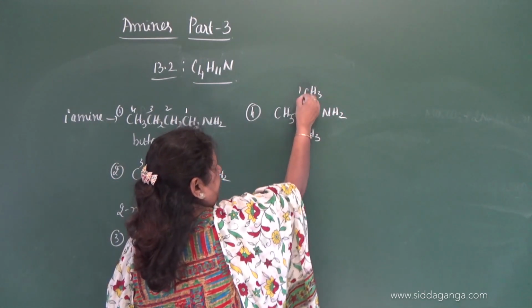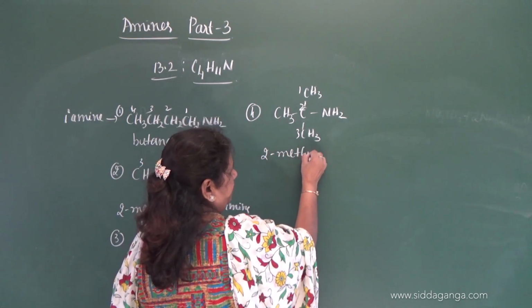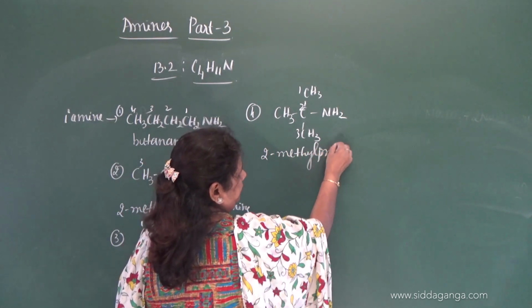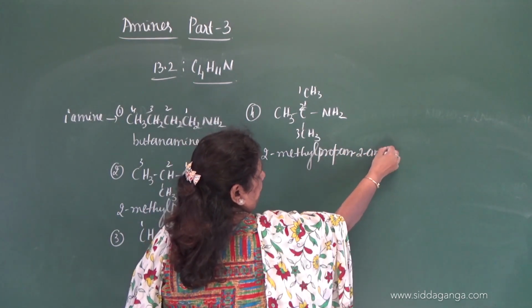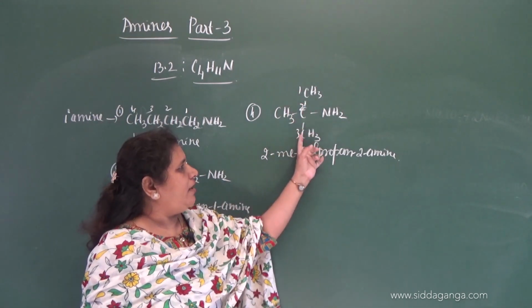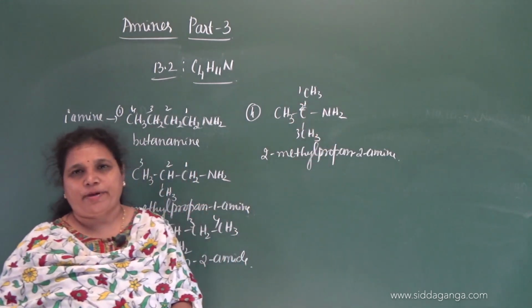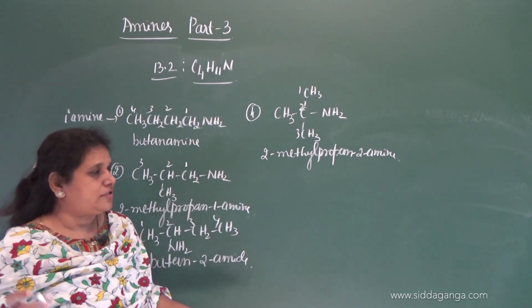You can name it as 2-methyl propane 2-amine. So 2-methyl propane 2-amine is the IUPAC name. So we can write 4 primary isomers.